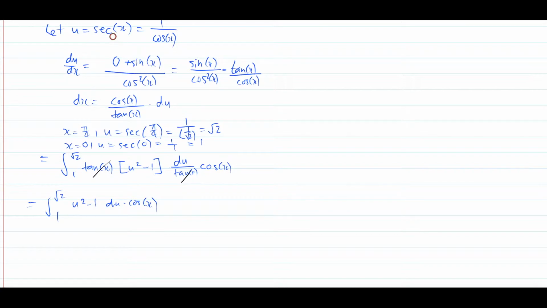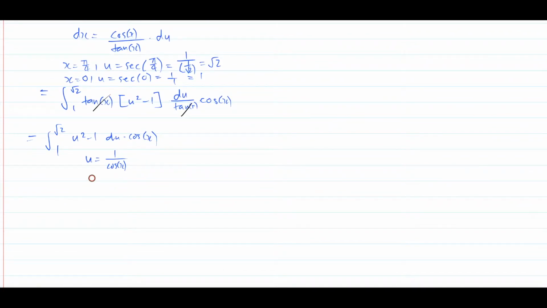What do we let u equal to? u was sec of x, so u is equal to 1 over cos of x. But then what is cos of x? So this is kind of like manipulating your equation a little bit, similar to linear substitution, but not quite. If u is 1 over cos of x, then cos of x is 1 on u.